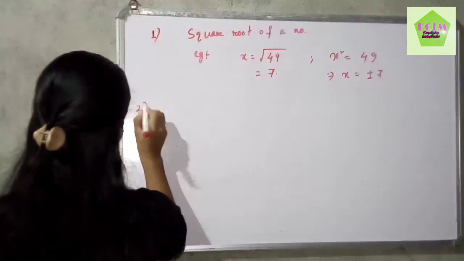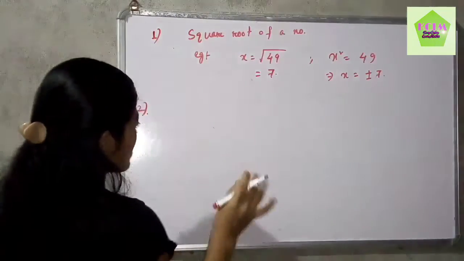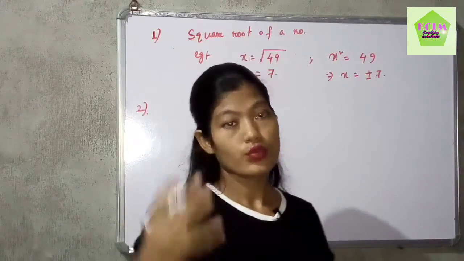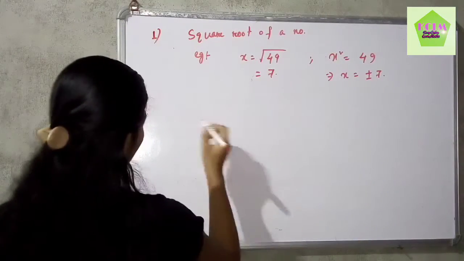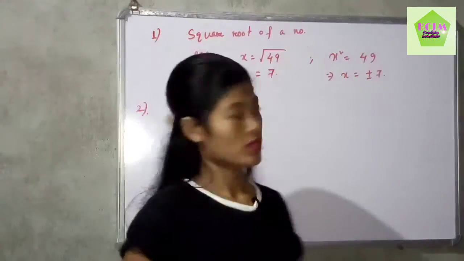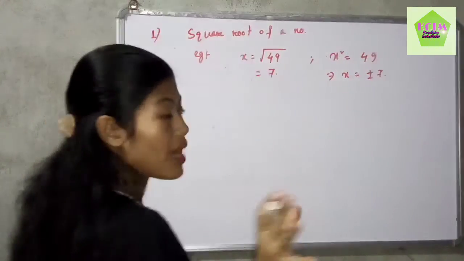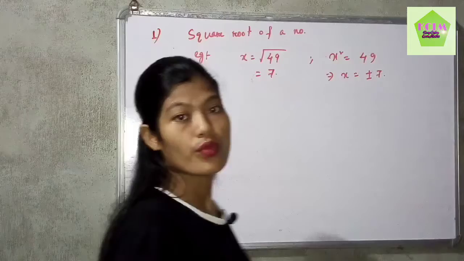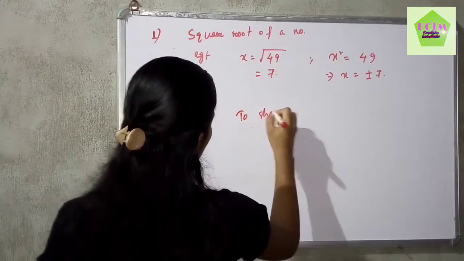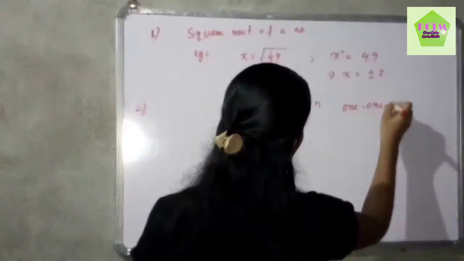Now point number 2. Point number 2 is that sometimes when we are doing problems in maths, we get confused. Suppose we are talking about how to show a function is 1-1, that is, injective.